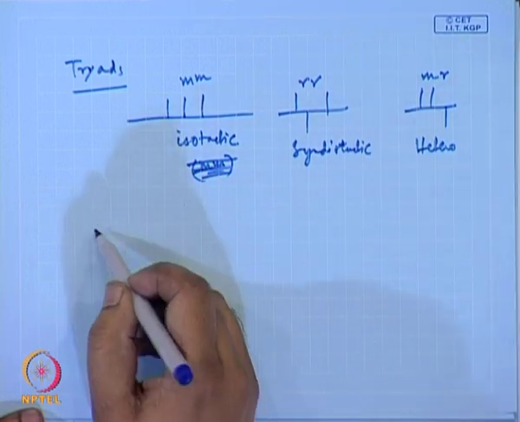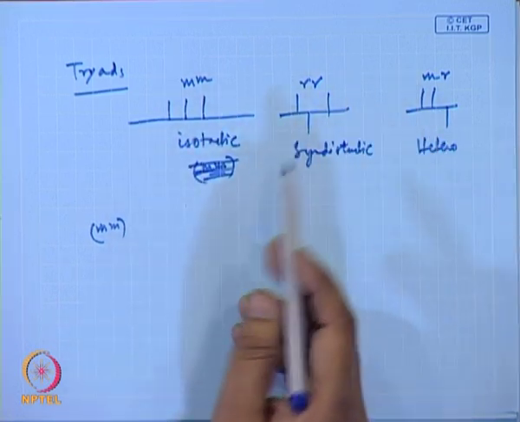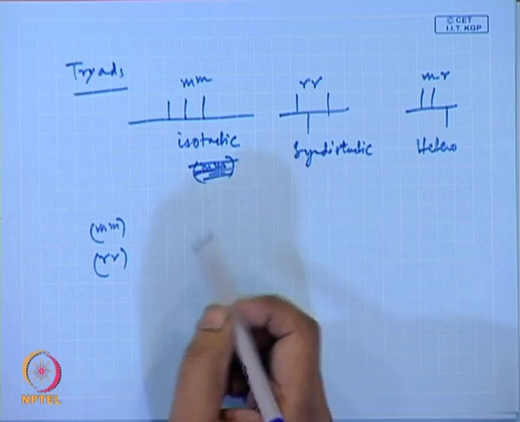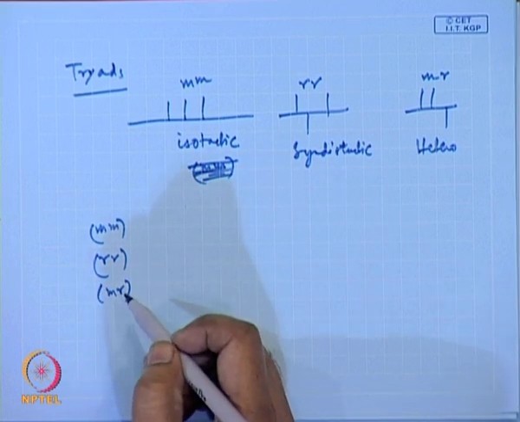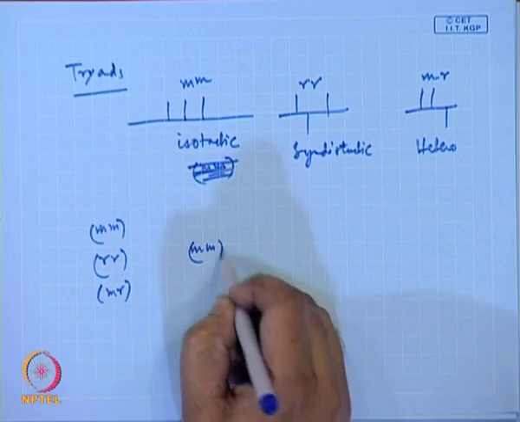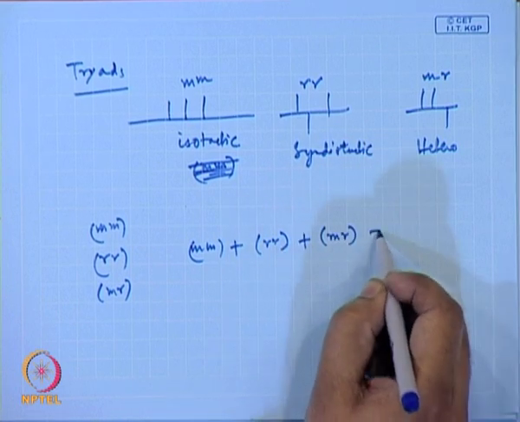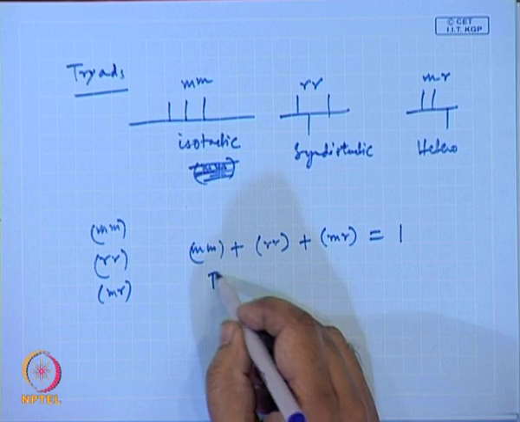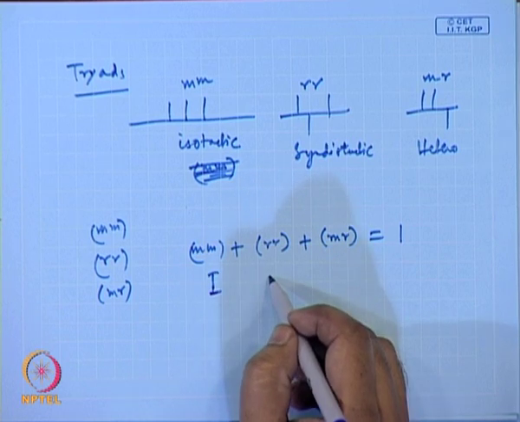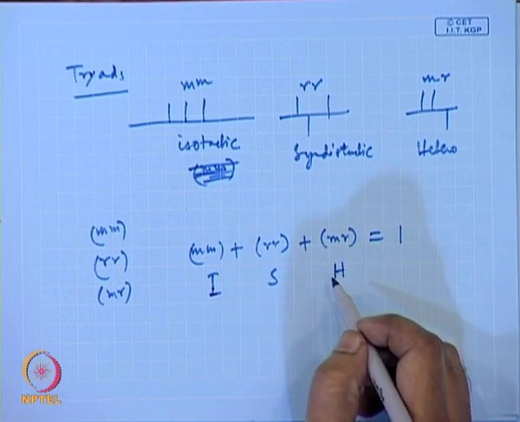Again we define it in a similar way: MM is the fraction of isotactic triad, RR is the fraction of syndiotactic triad, and MR is the fraction of heterotactic triad. So, we can write MM plus RR plus MR is equal to 1. Sometimes people write I for isotactic, S for syndiotactic, and H for heterotactic.